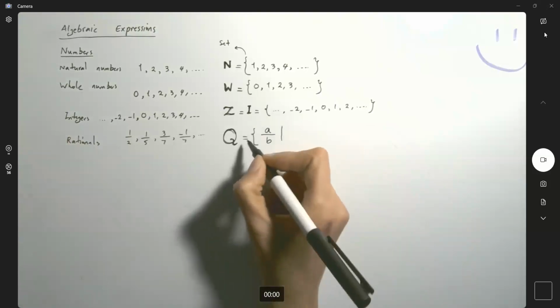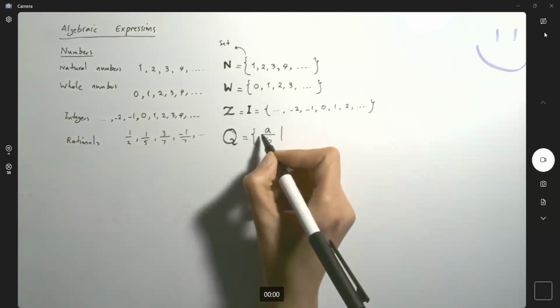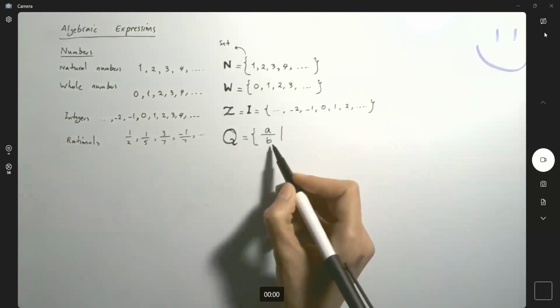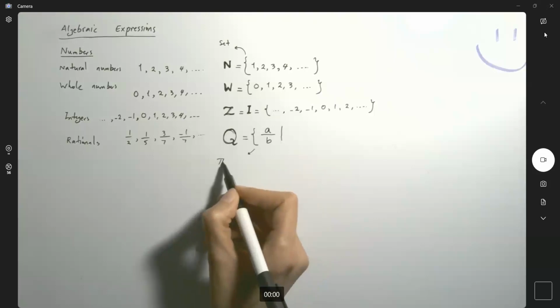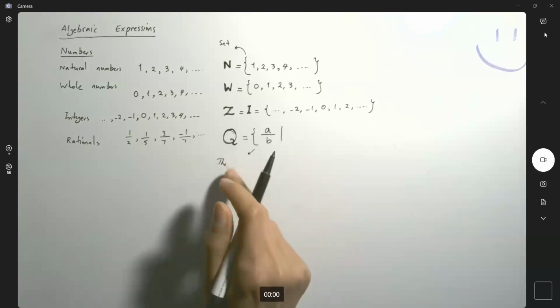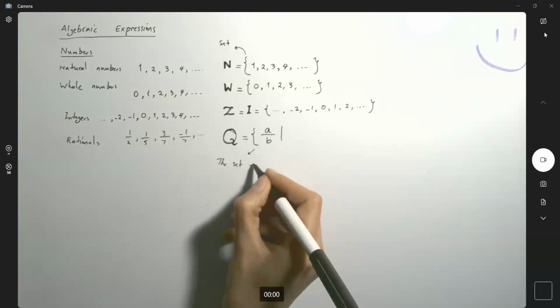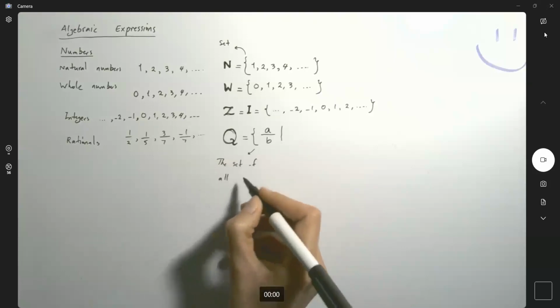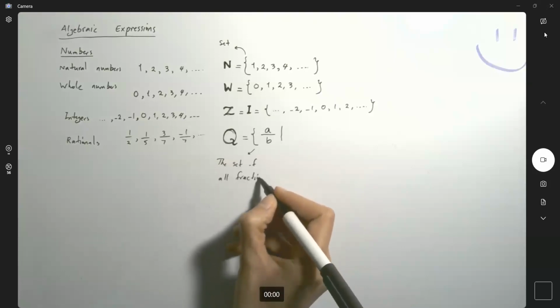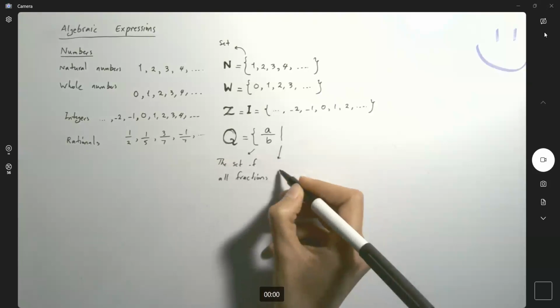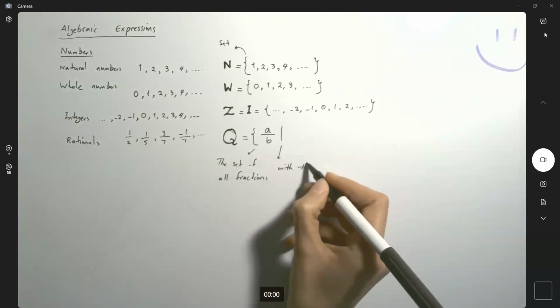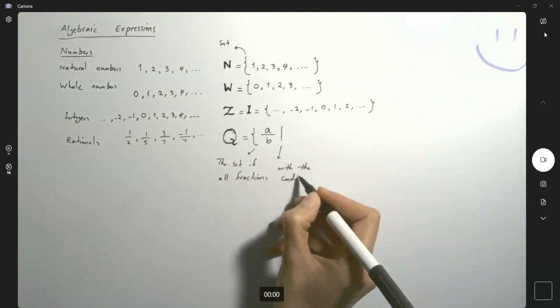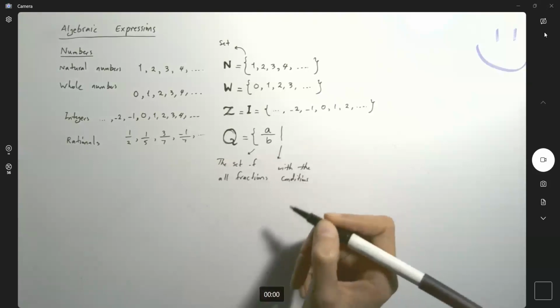So Q is equal to the set of all fractions, such that, with the condition that we have to impose some conditions.